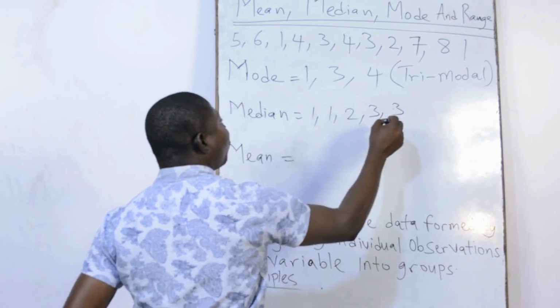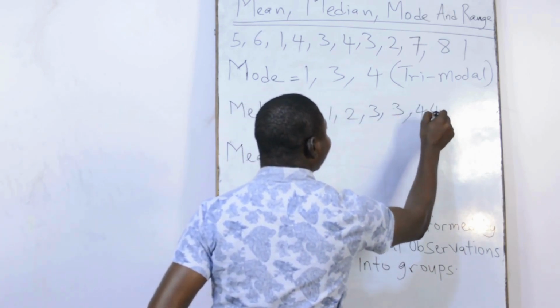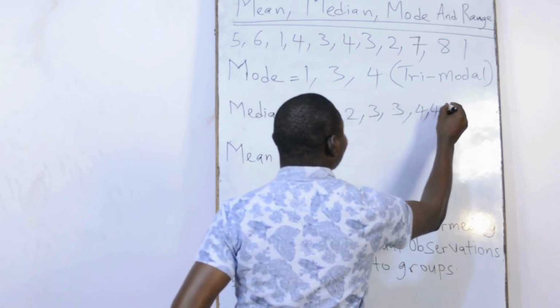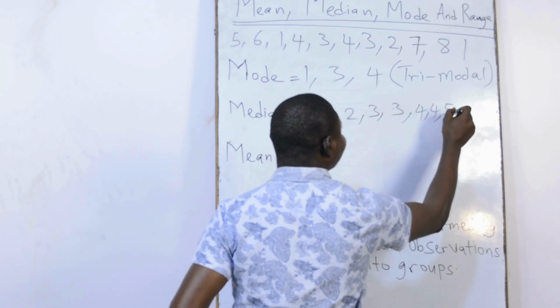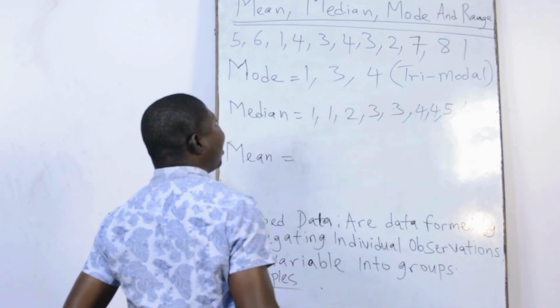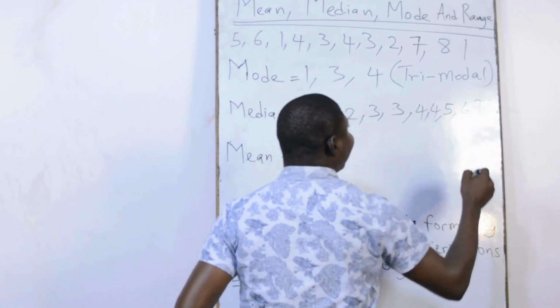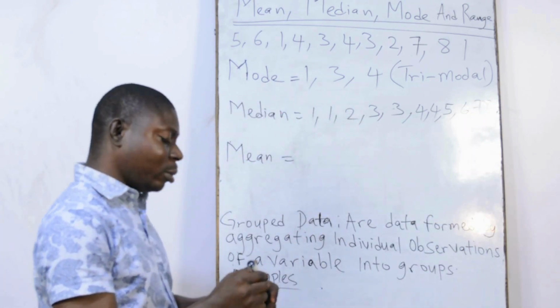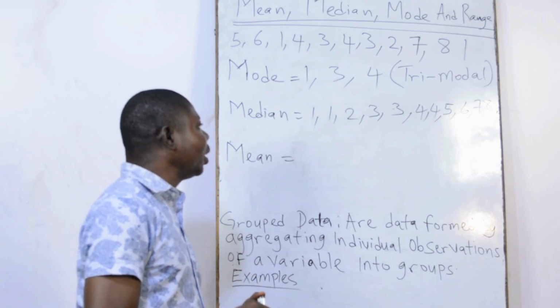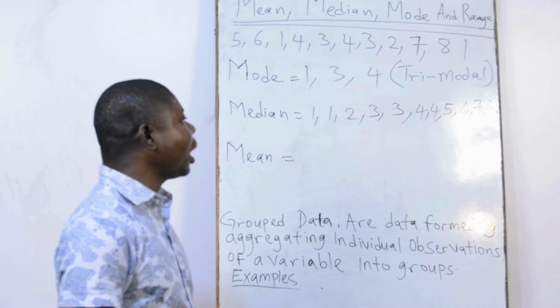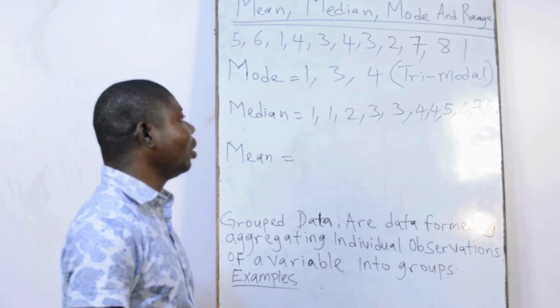We have 4, 4. We have 5. We have 6, 7 and 8. So we have 1, 2, 3, 4, 5, 6, 7, 8.